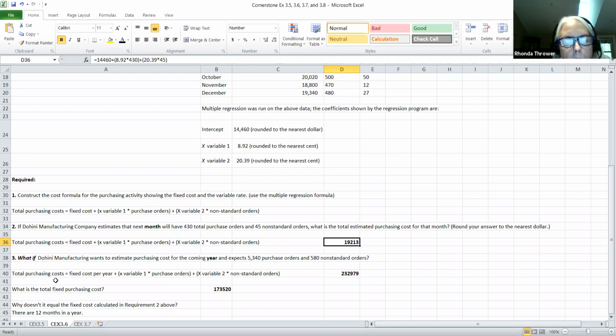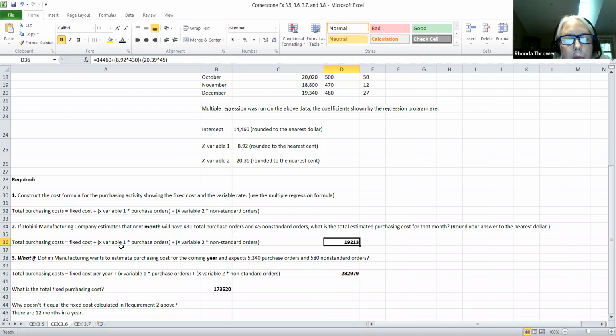Again, we're just going to substitute it in the formula for multiple regression. And multiple regression just means we have two variable costs that we're going to be looking at. The fixed cost per year we've got to find. If this is the fixed cost for 1 month, we need to multiply that by 12 to get the fixed cost for the year.